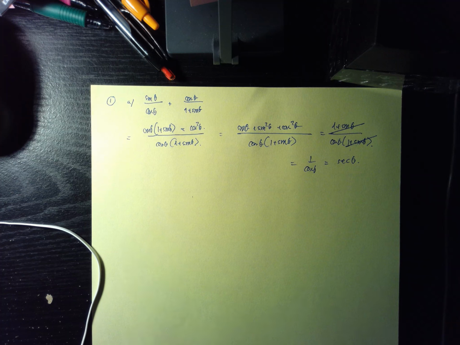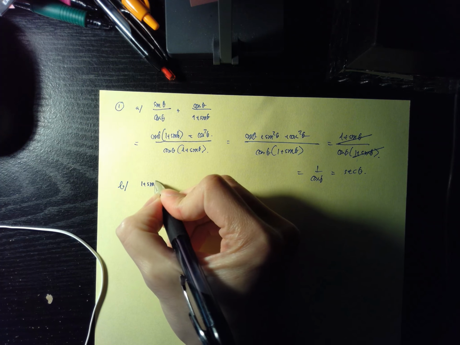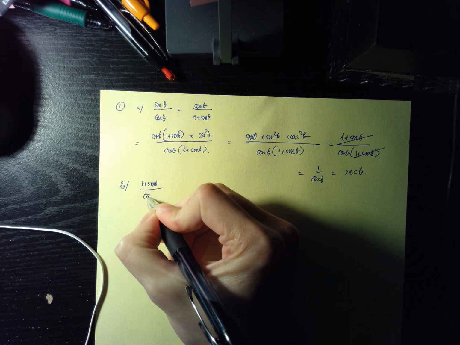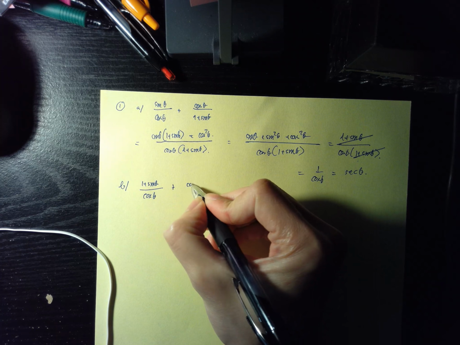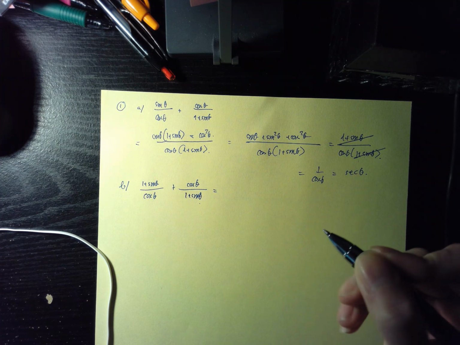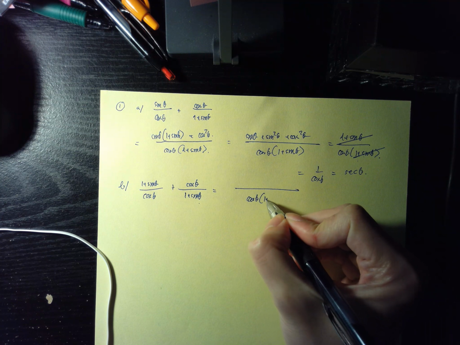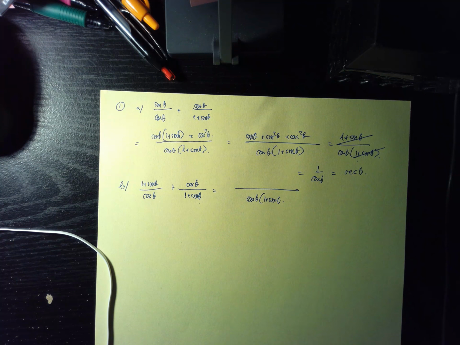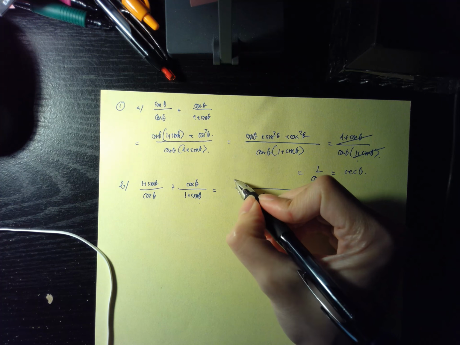Okay. So on part B, you do the same thing. You have 1 plus sine theta over cosine theta plus cosine theta over 1 plus sine theta. You find the LCD. You will have cosine theta times 1 plus sine theta, and over here you multiply the top and bottom by 1 plus sine theta.